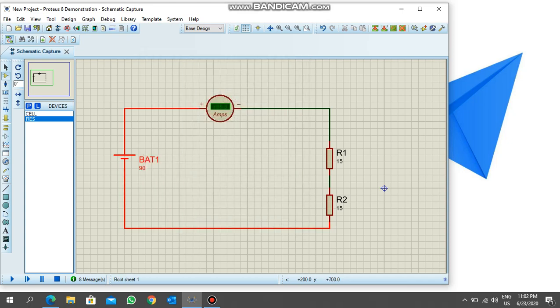As you know, if two resistors are in series, then we simply add them. So here two resistors, 15 plus 15 is equal to 30, and 90 divided by 30 is equal to 3. So let's start our simulation, and you can see our ampere current is also 3 ampere.